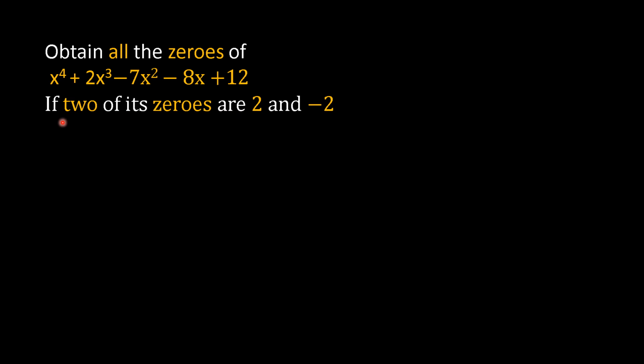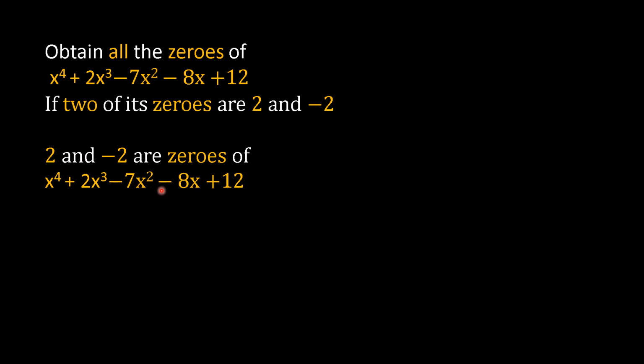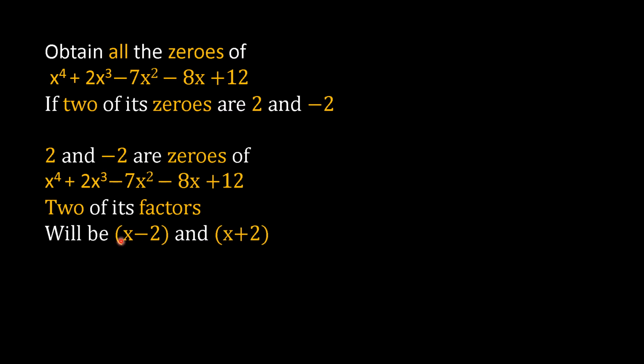Next, obtain all the zeros of x raised to 4 plus 2x cubed minus 7x squared minus 8x plus 12 if two of its zeros are 2 and minus 2. Since 2 and minus 2 are the zeros of this polynomial, it means that two of its factors will be x minus 2 from this zero and x plus 2 from this zero.